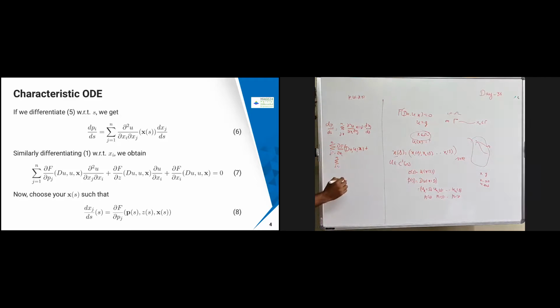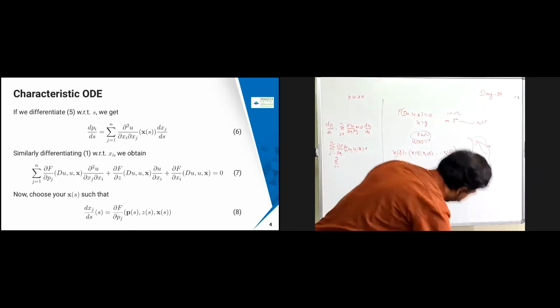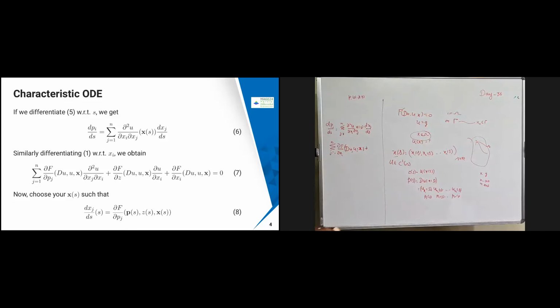Therefore, I am going to have dou f by dou z. But there won't be any summation because u is only one. So I don't require the summation here because u is only once, a function of single variable. Means you are going to get only one term with respect to z. Okay, dou f by dou z of Du of u comma x.